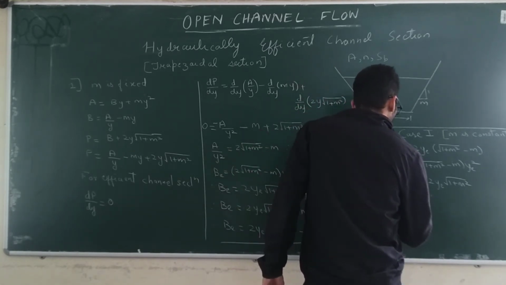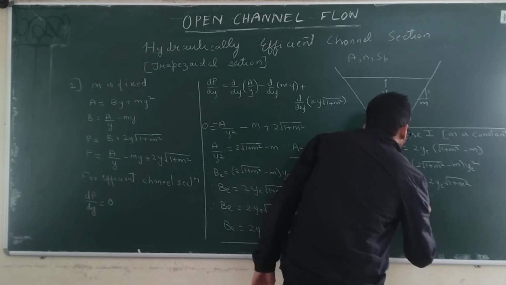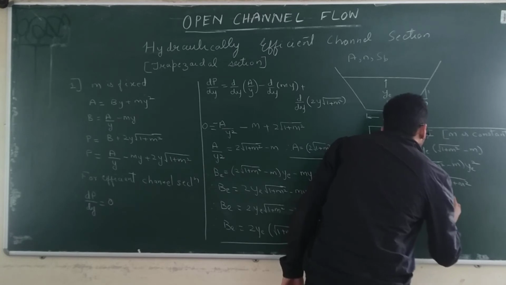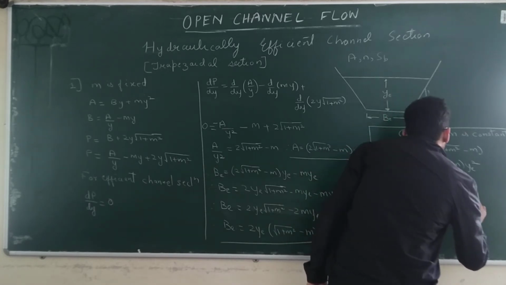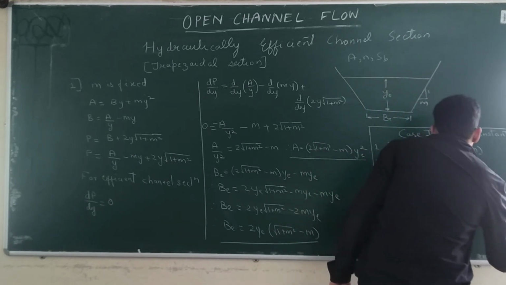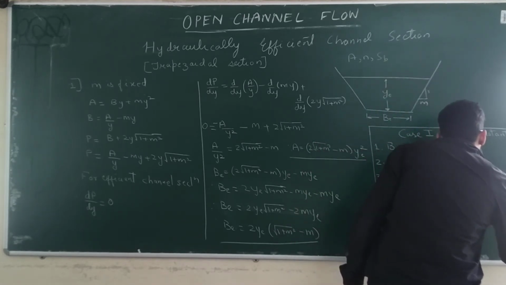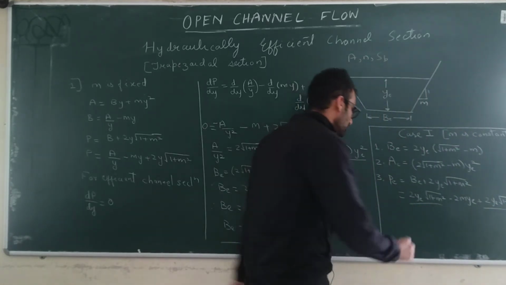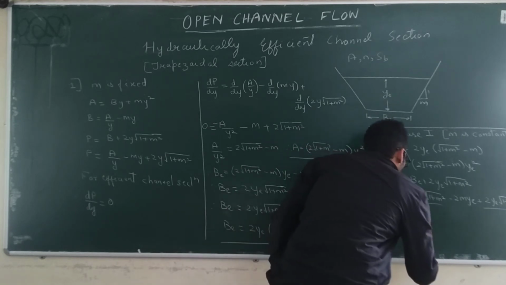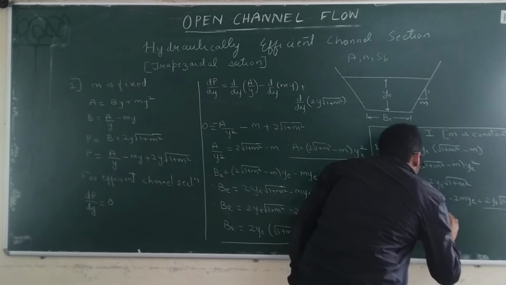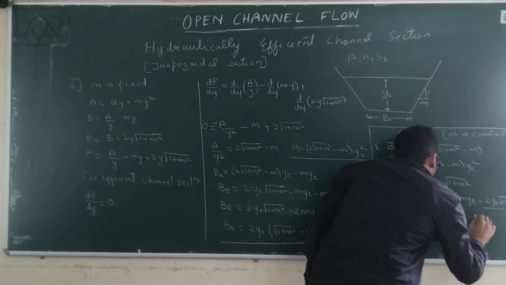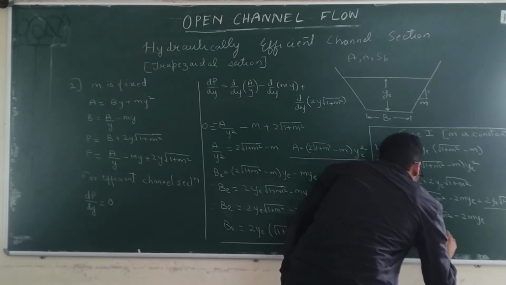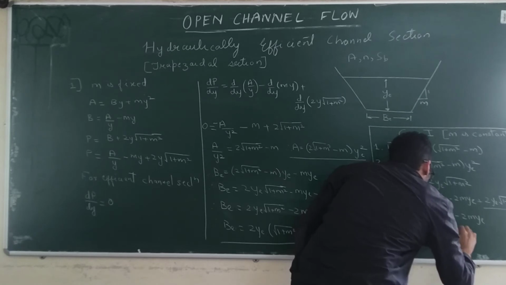So PE is equal to, BE is this, twice YE under root of 1 plus m square minus twice MYE plus twice YE under root 1 plus m square. This and this will get added, so perimeter will become 4 YE under root 1 plus m square minus twice MYE. You can take twice YE common, so it will be 2 under root 1 plus m square minus m.